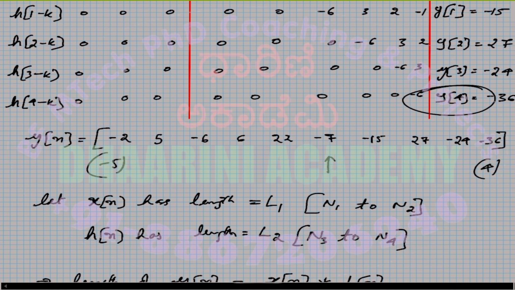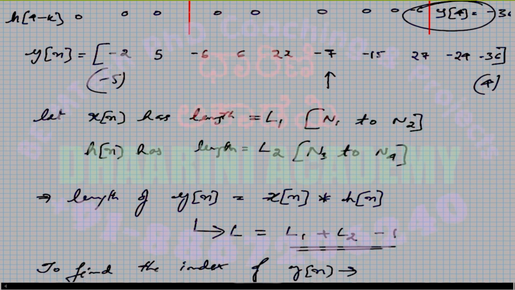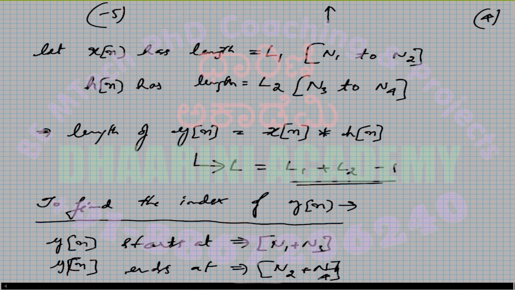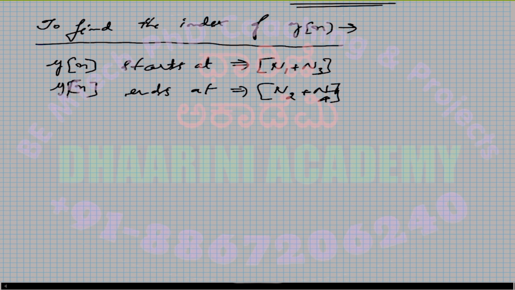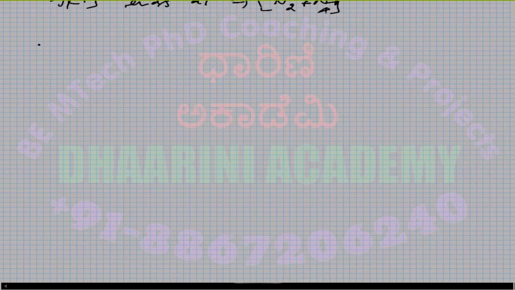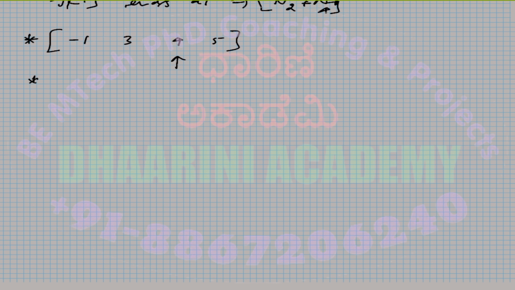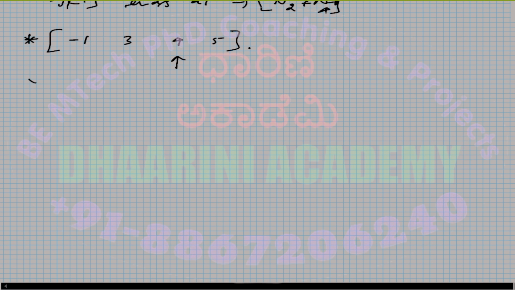Now, I'll give you a quick problem to solve. By the time you solve, let's try to write a MATLAB program to do the convolution. So I'll give a very small problem. x of n is equal to minus 1, 3, 4, 5. This is the time index. And the second function, h of n, is equal to 4, minus 1, 0, 1. Here, this is the index.